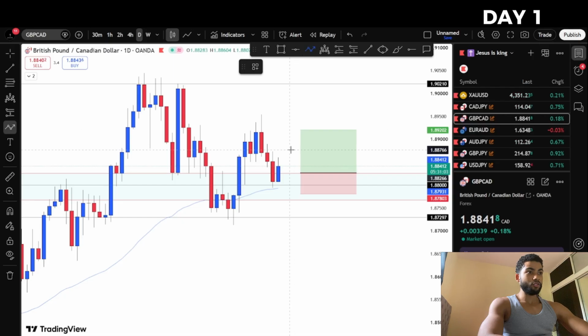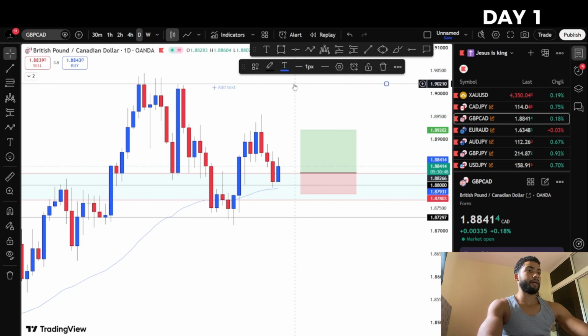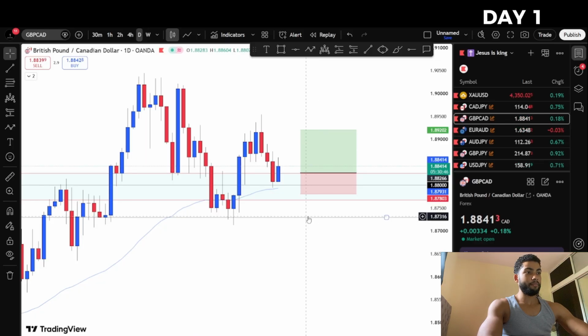If price closes below this higher low structure point, it will then be bearish. If price closes above this higher high structure point, then price will have a new higher high. So this is basic market structure, guys.